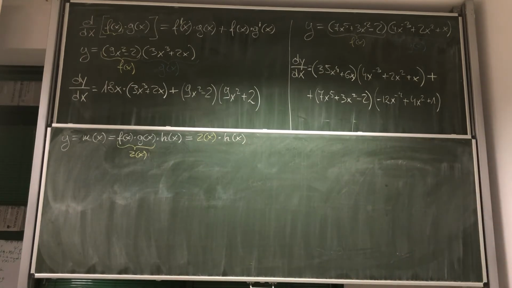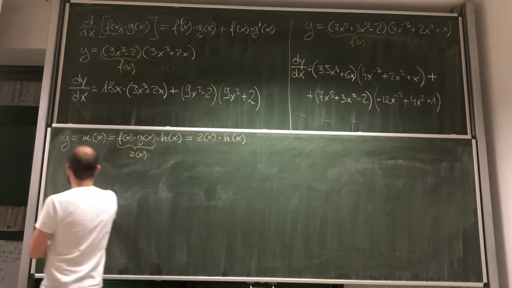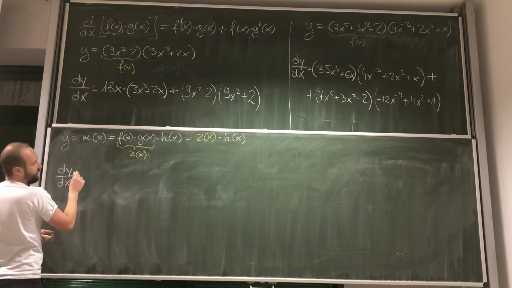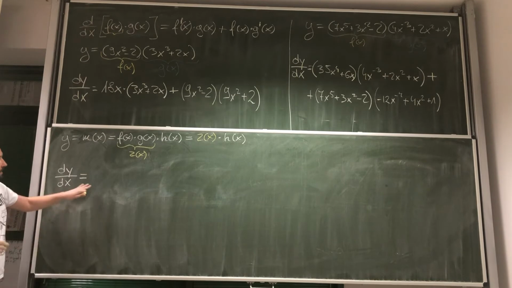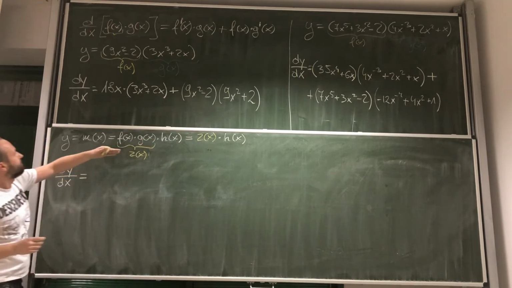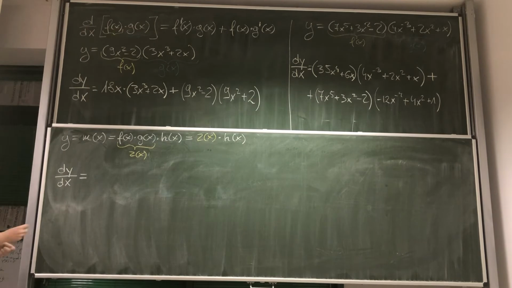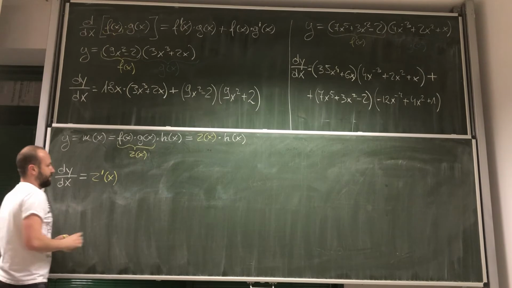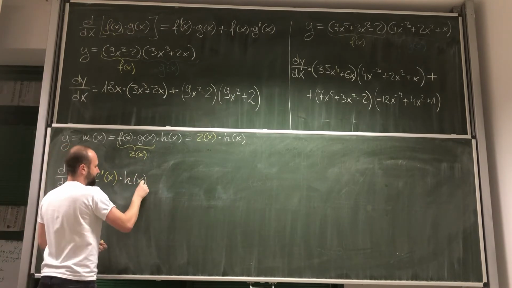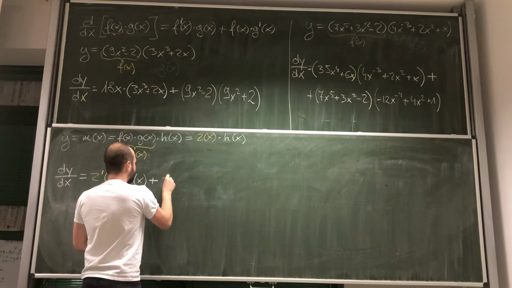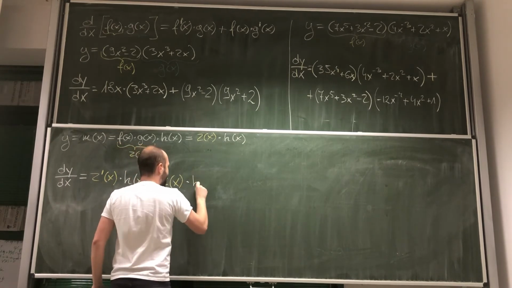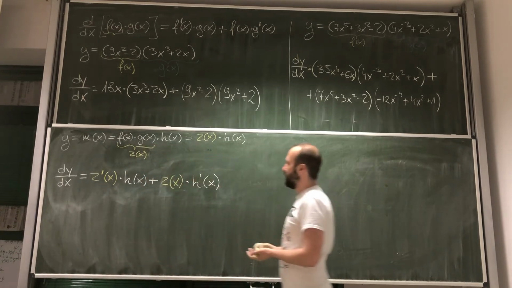Now, if I want to find the derivative of this, all I need to do is use the product rule. This is going to be z prime of x times h of x plus z of x times h prime of x.